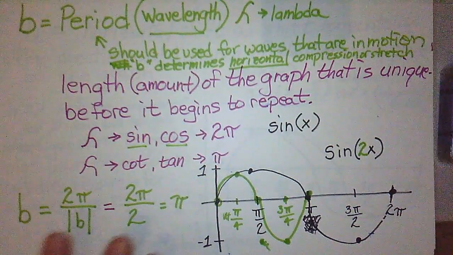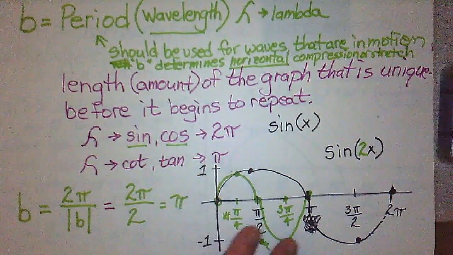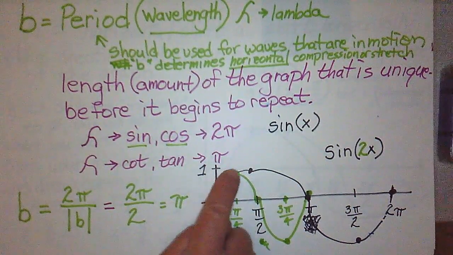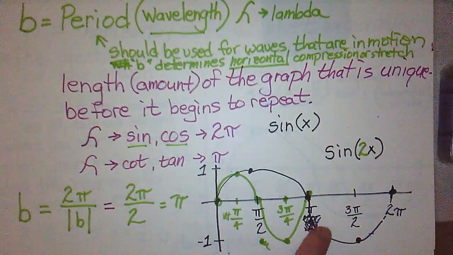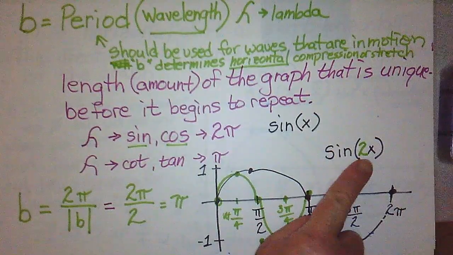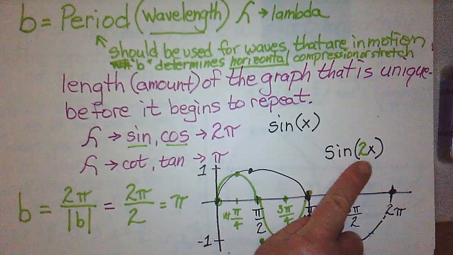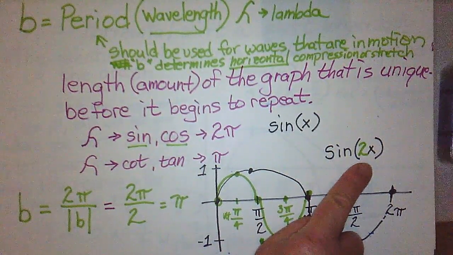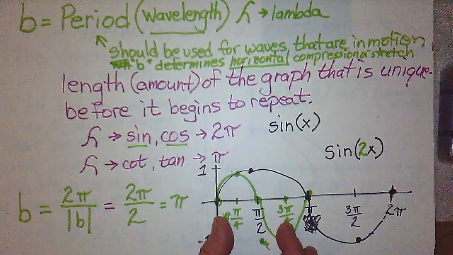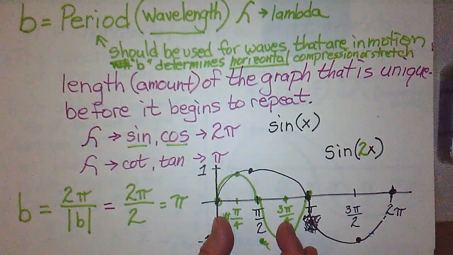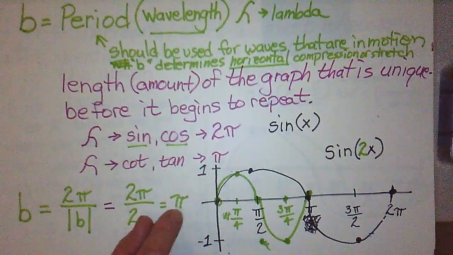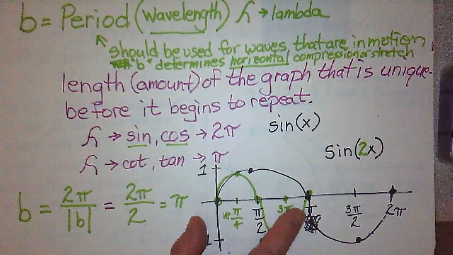So for the case of what we're looking at, we've got a graph here, our standard sine of x. There are 5 points. And then what happens when I multiply x by 2 is I compress the graph horizontally, and I find out that the entire period is now pi.